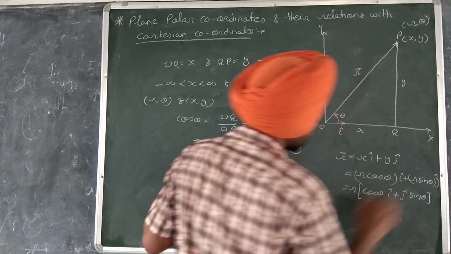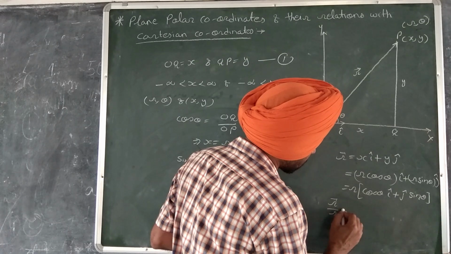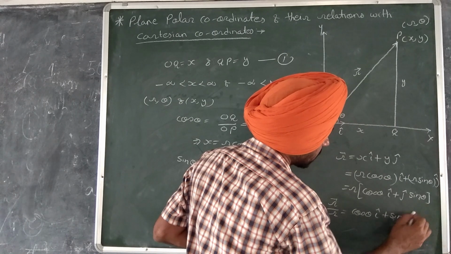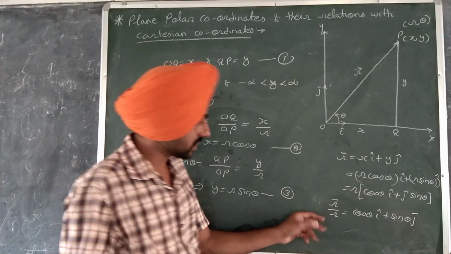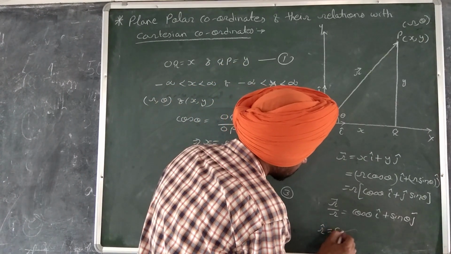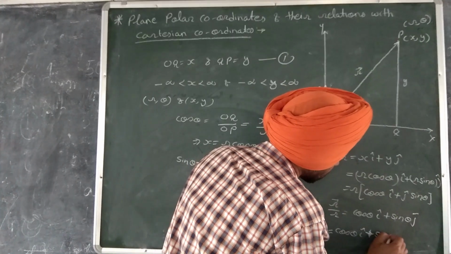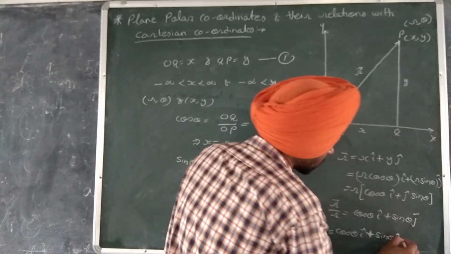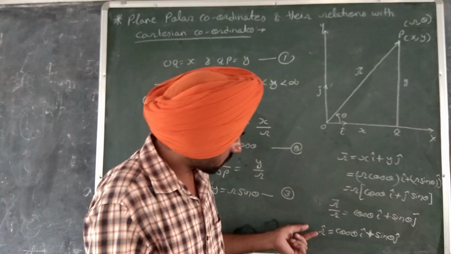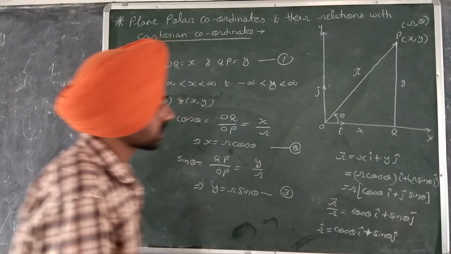From here we find vector r divided by r is cos theta i cap plus sin theta j cap. Vector r upon r is the vector divided by its magnitude, that's why it is the unit vector r cap, equal to cos theta i cap plus sin theta j cap. This is the relation between the unit vector in the plane polar coordinate system and the Cartesian coordinate system.